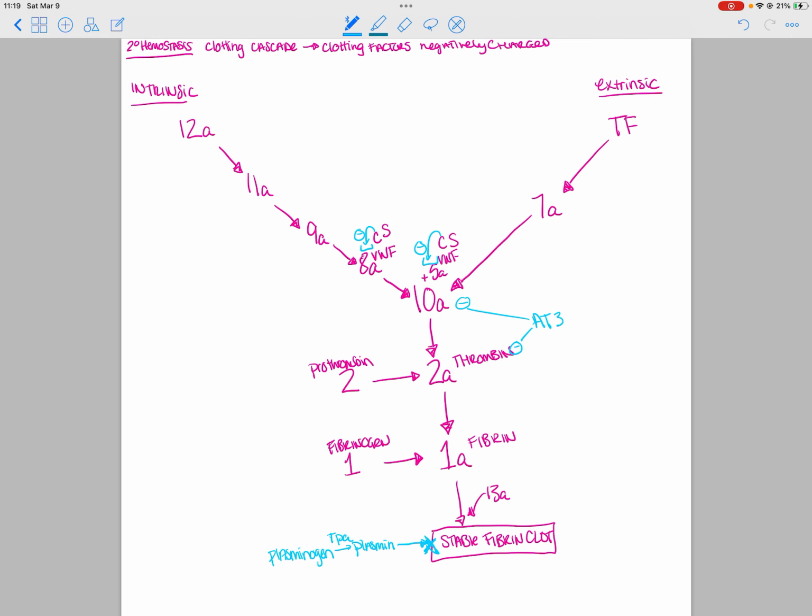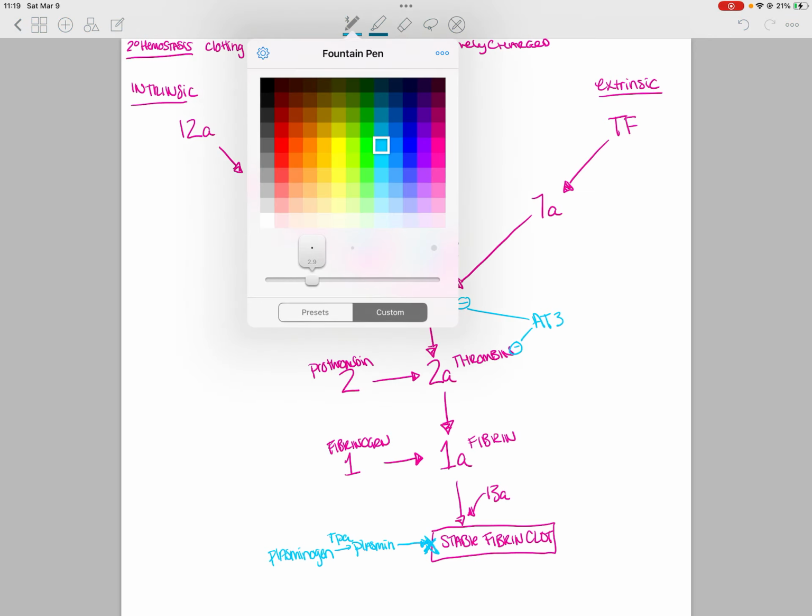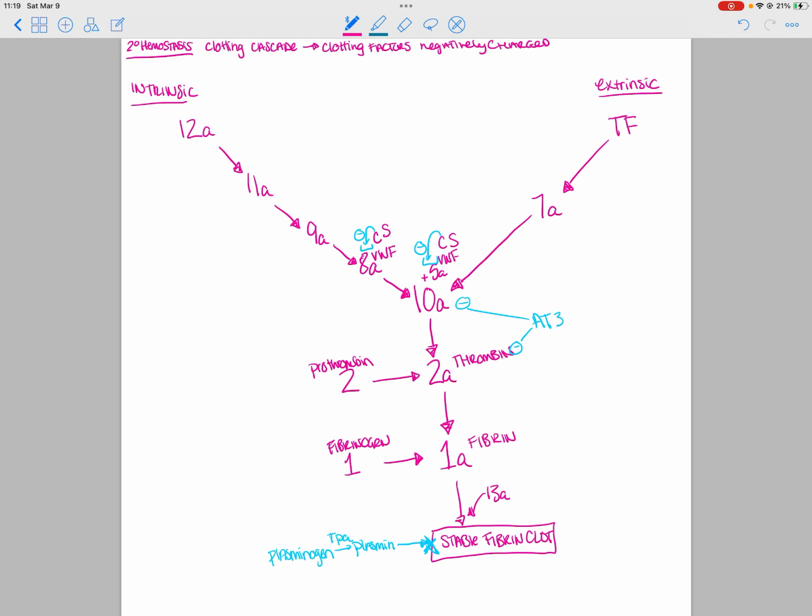In the next video, we are going to talk about the pathophys pertaining to the clotting cascade, and it's going to be very important for you to remember the lab values pertaining to each pathway whenever we get there. So keep in mind that the intrinsic pathway, and a way that I remember this is, do you play table tennis inside or outside?